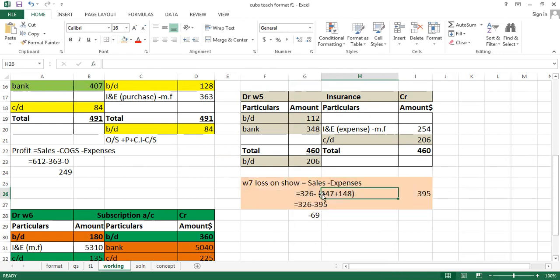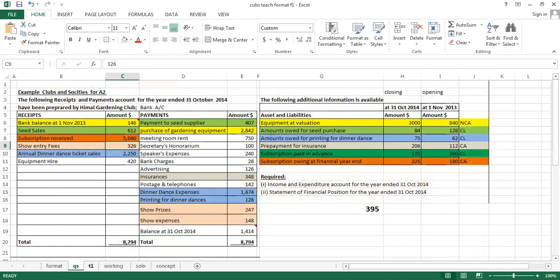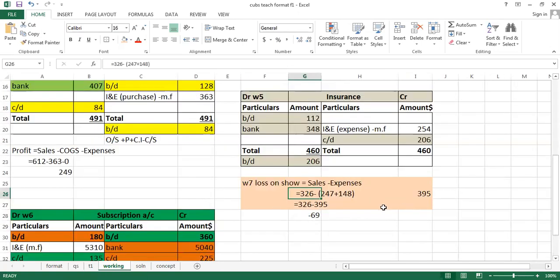Sales minus expenses, since there is no cost of goods out here. Sales is your 326, which is given here. You can see again, sales is 326, and then expenses is the sum of these two. If you add these two, you get 395 as expense. Okay, the loss is 69.